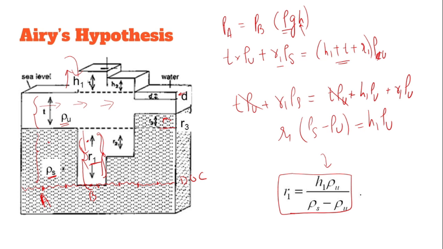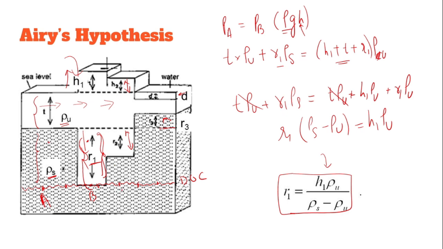So this was a very simple derivation of how to get the root below any mountain or any upland area. Similarly, you can do that for H2. If there is a shorter plateau or mountain of height H2, it will have a shorter root R2 than R1.